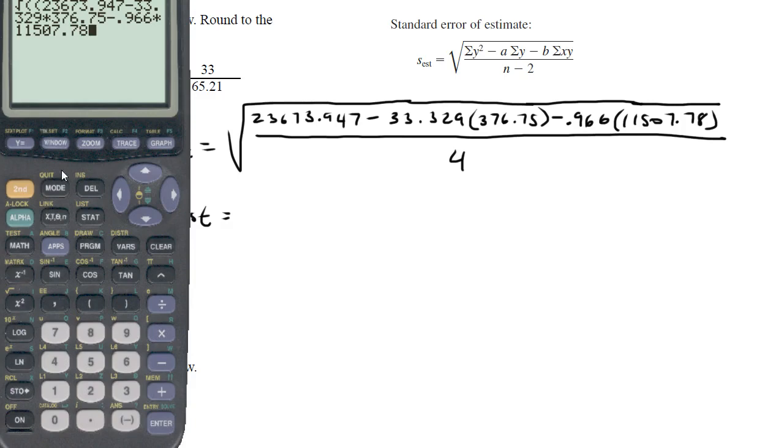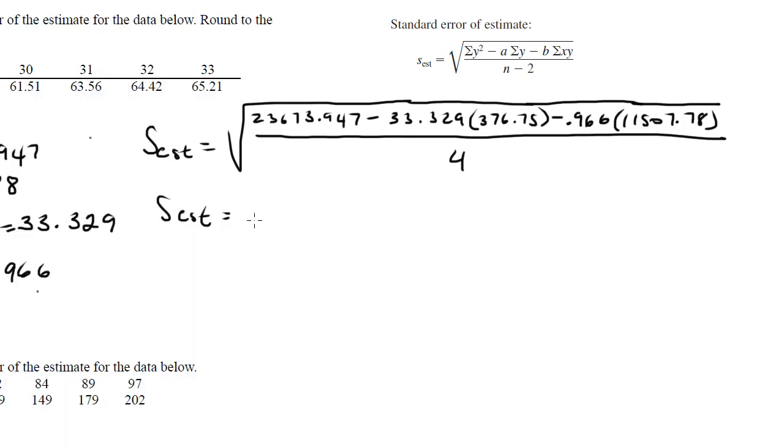Close parentheses for my numerator. Divided by 4. Close parentheses for the whole square root. I got 0.427.